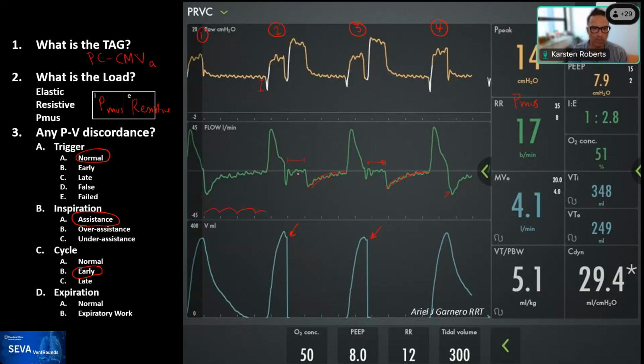We can talk more about that, but I think it's also why is the patient still doing that effort that we see here, where there's some sort of forced expiratory work being done to cause this zero flow state against the ventilator. How do we fix that?